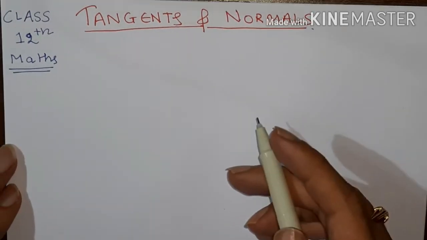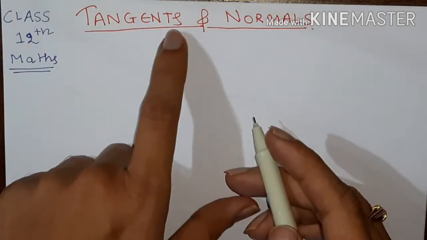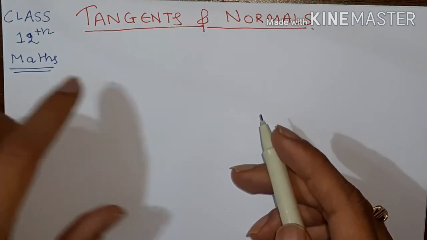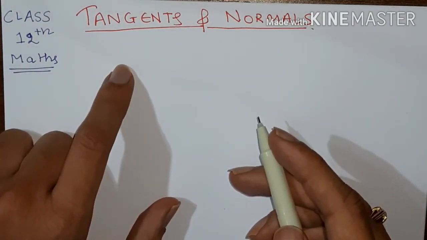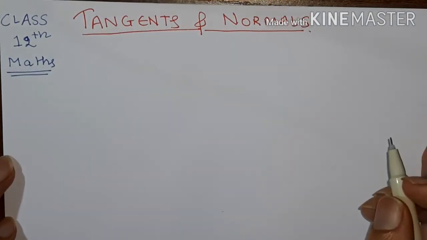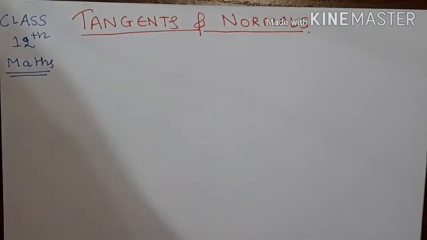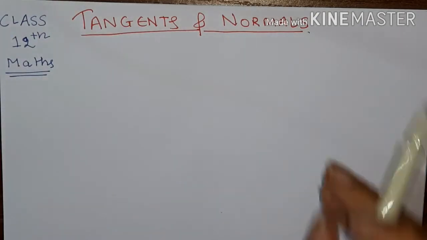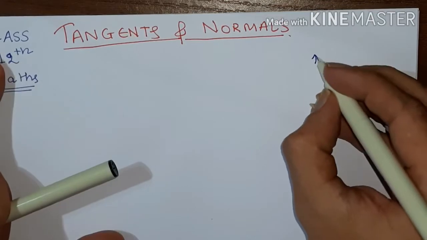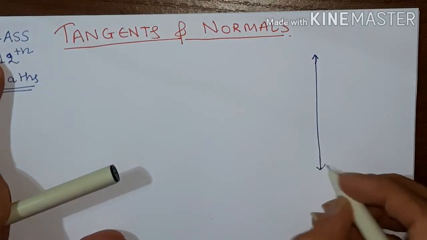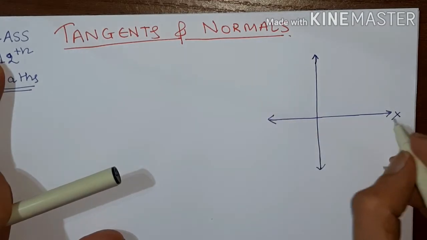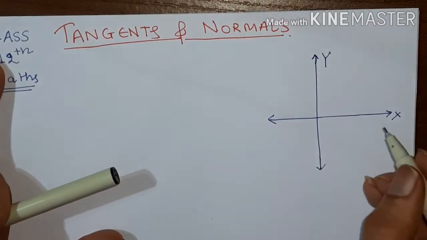In this video, let us do the subtopic tangents and normals of class 12th maths, chapter 6, that is application of derivatives. Now if you look at the coordinate axis, this is the x axis, this is the y axis.